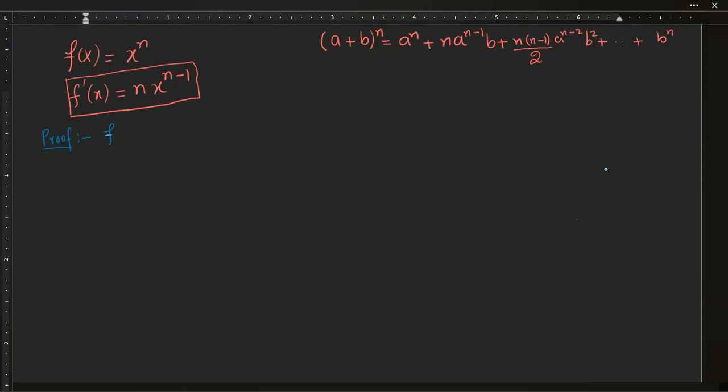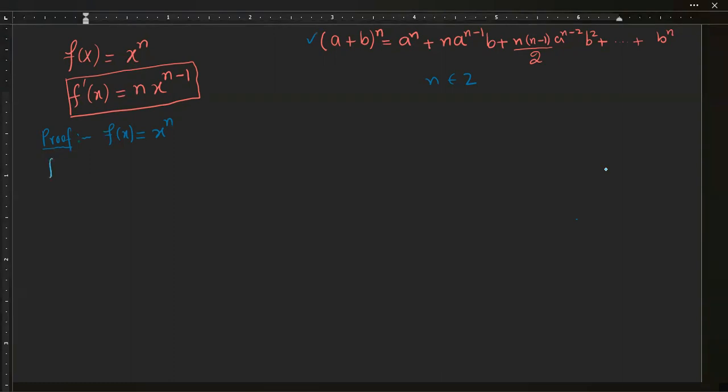We will consider this function f of x equal to x^n. Don't forget that this n is a positive integer. What happens if n is a negative integer? We will talk about it later on. So f of x equal to x^n, because this formula is valid for n positive integer.